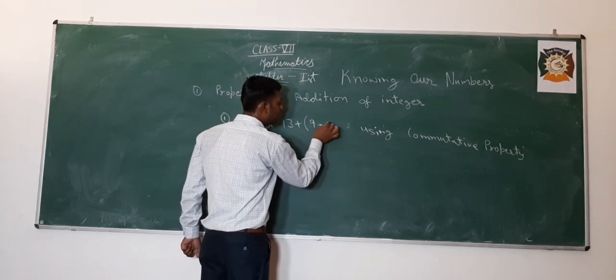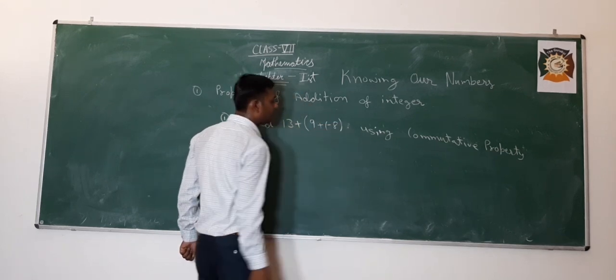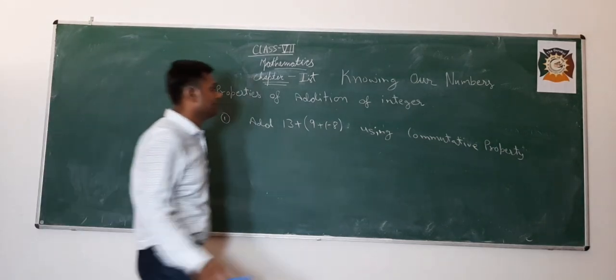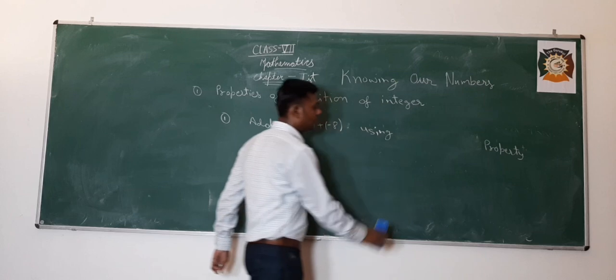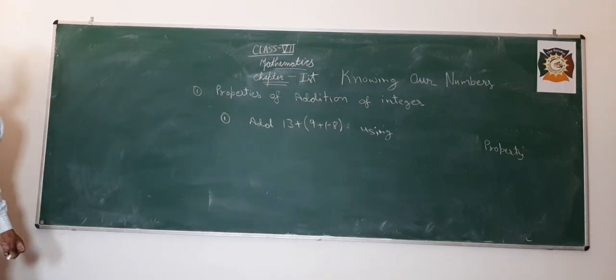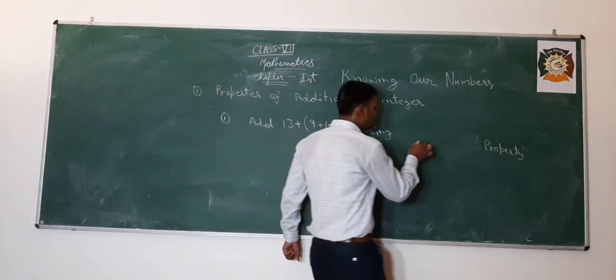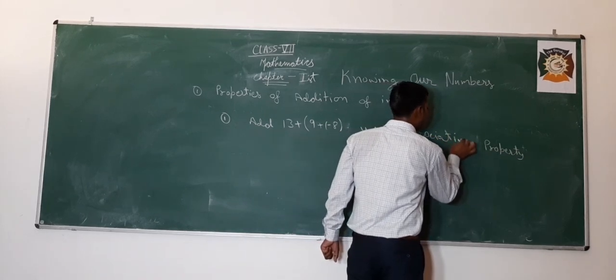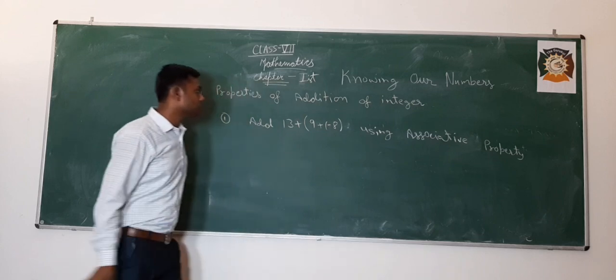Add 13 plus 9 minus 8 using the associative property.